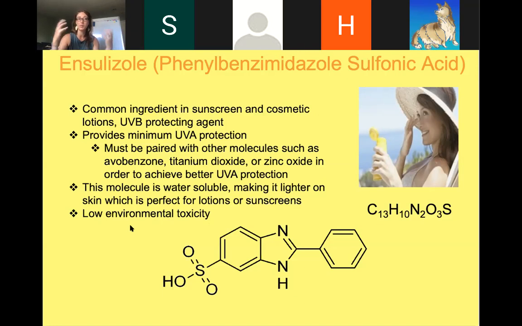So when we're formulating these things, and this is all chemistry, right? These real chemists out there in the world have to think about, how are we going to make a new cosmetic that will block against the sun, but it's also going to be water soluble so it feels light on the skin, but it's also got to be something that has low environmental toxicity. And so there's lots of different things that go into formulating a new product like this.